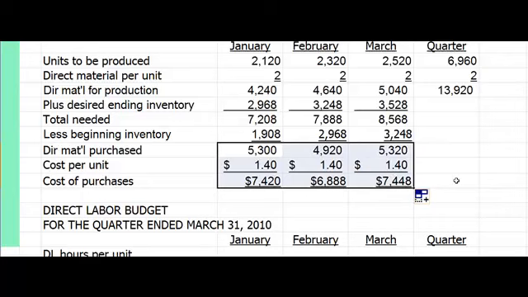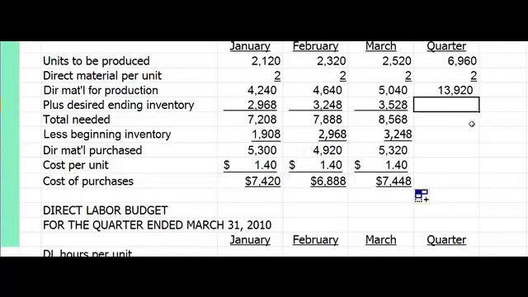Now, going back to our quarter, when we think about a quarter, we're thinking about the months as January, February, and March. My ending inventory for the quarter is the ending inventory for March. March is the last month of the quarter. So I'm going to pick up March's ending inventory, which represents the quarter's ending inventory.